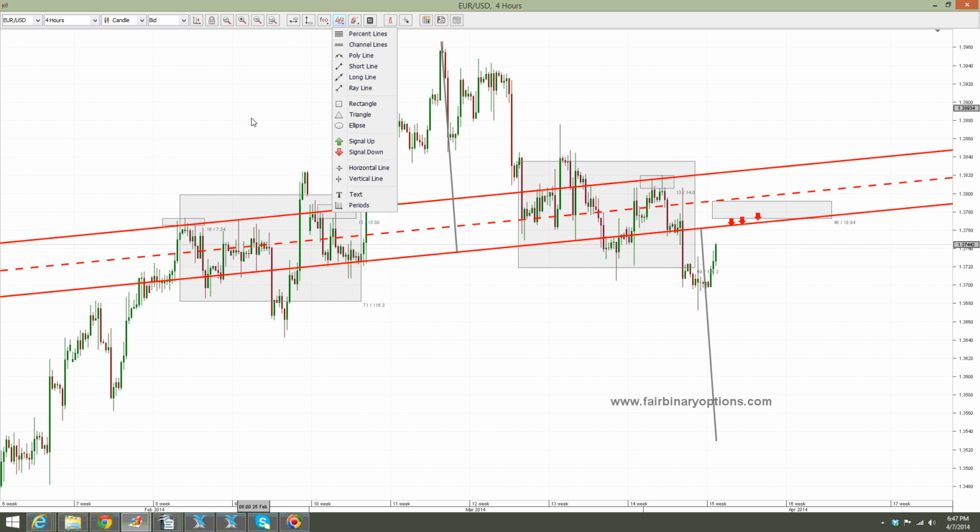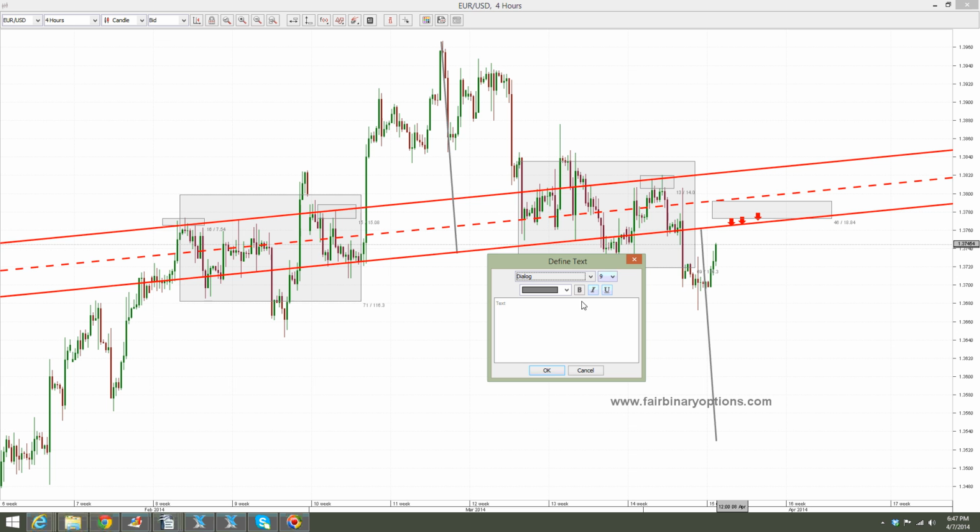So let's write here on the screen. Then we are waiting for price to retest the neckline and want to buy put options, not every time, put options in the first half of the above channel.